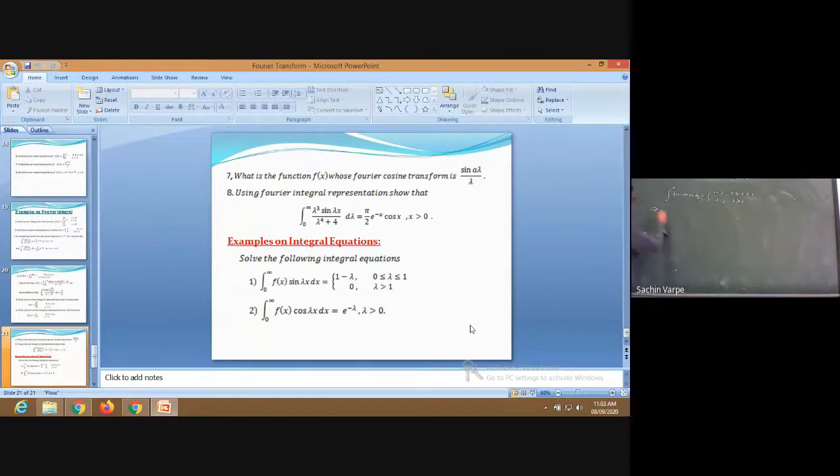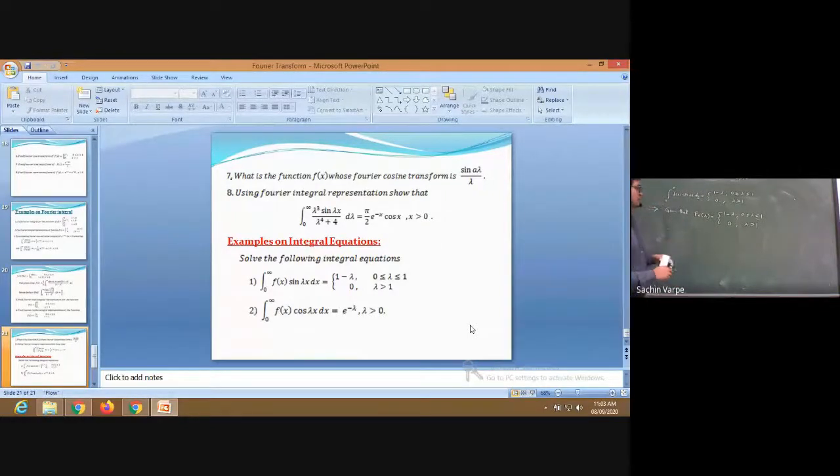So we have been given that Fs of lambda is 1 minus lambda when lambda lies between 0 and 1, and it is 0 for lambda greater than 1, isn't it? So indirectly we have been given the value of the transform, and once we have the transform, we substitute it into its integral.